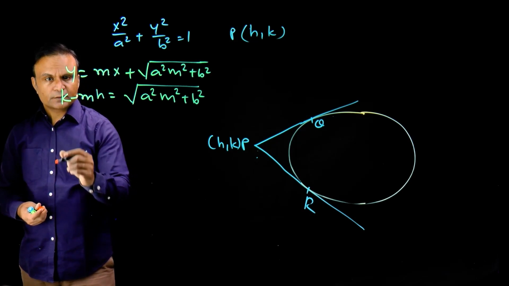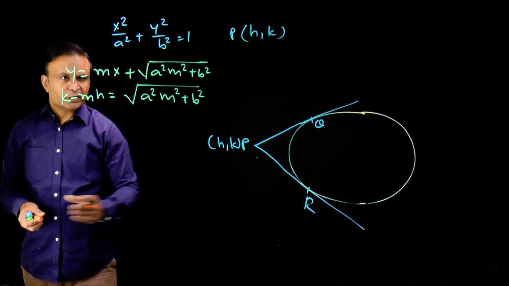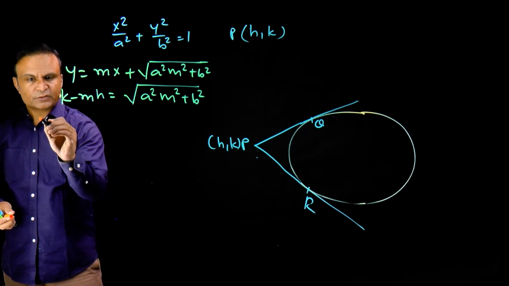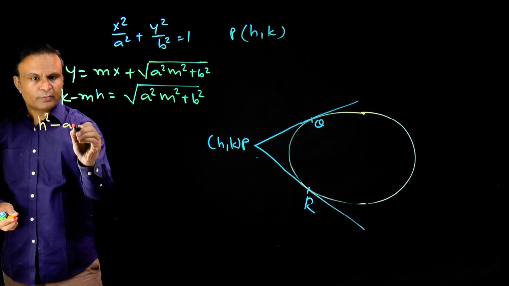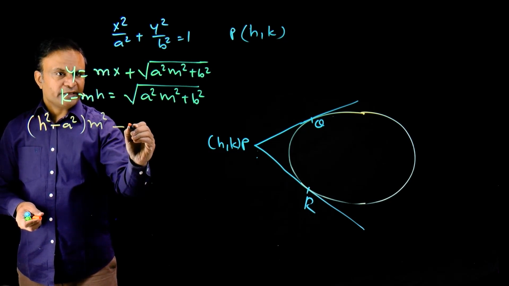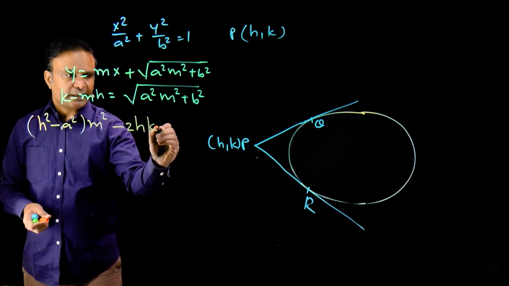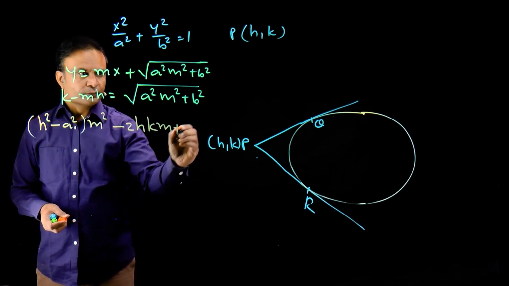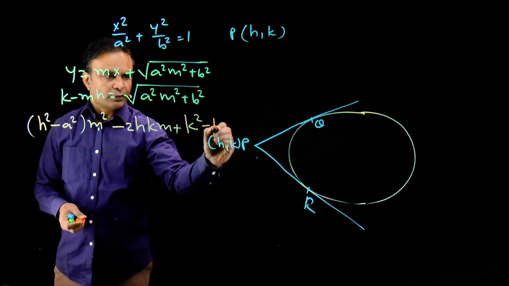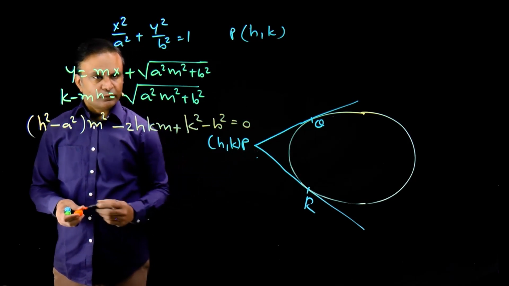Squaring both sides and collecting all the terms to one side, I have a quadratic in m, which is h square minus a square m square minus 2hkm plus k square minus b square is equal to 0.